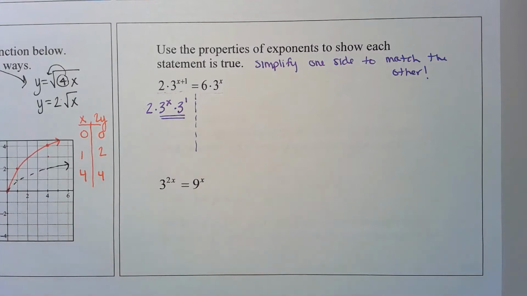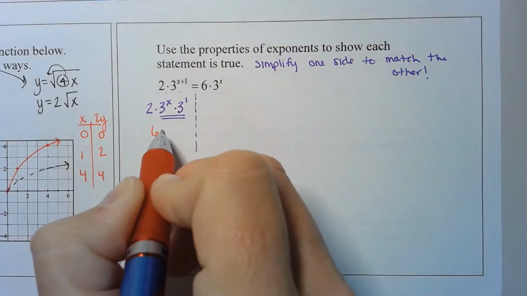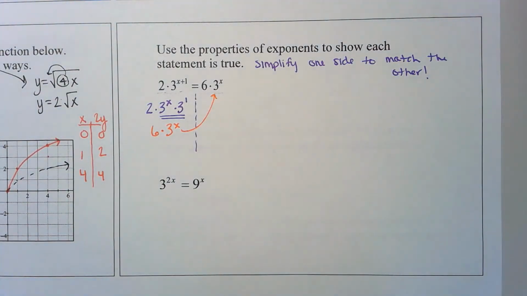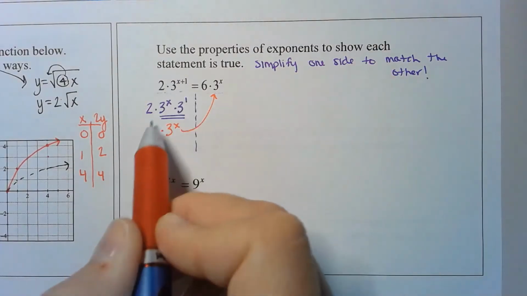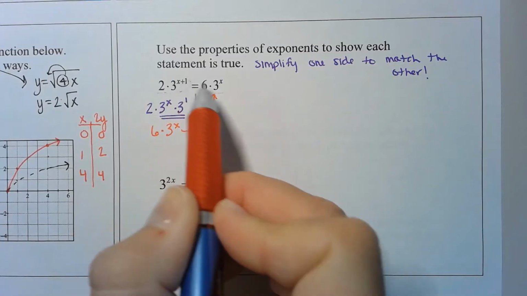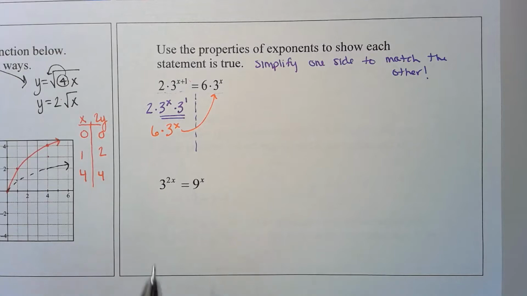Maybe I picked the harder side to deal with. Well, 2 times 3 is 6 times 3 to the x. They match. I was able to turn this side into this side. So the point is, if you had to graph this, you could simplify it first and maybe graph an easier version of it.